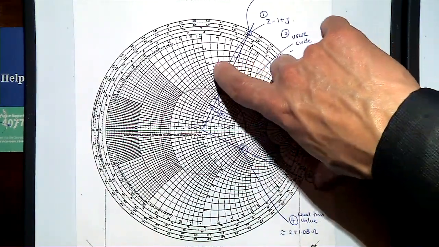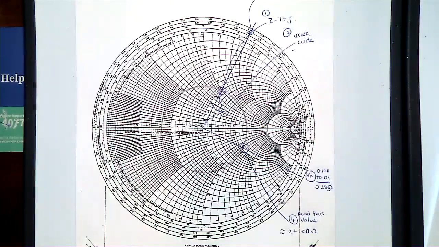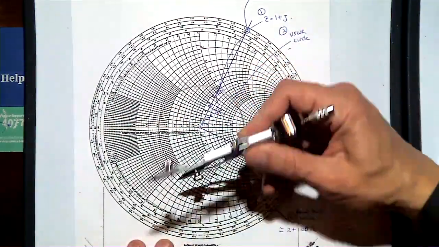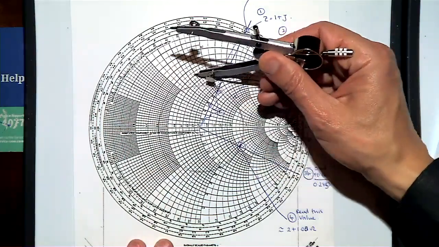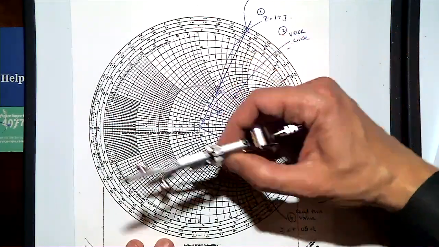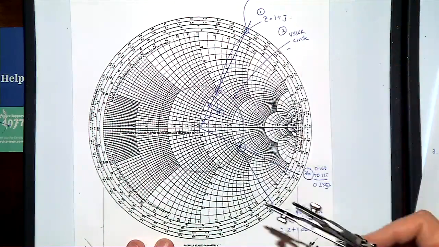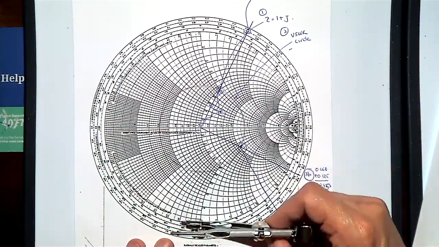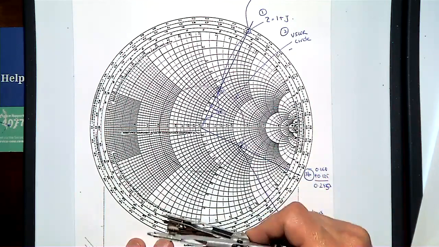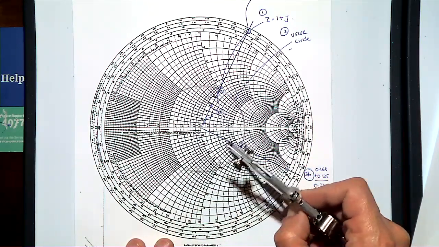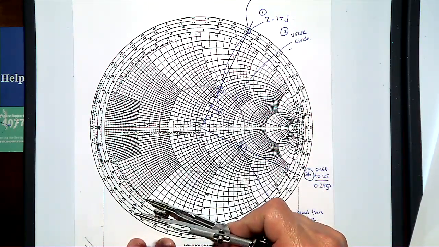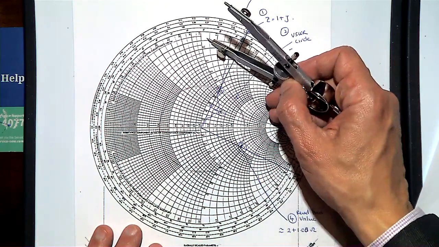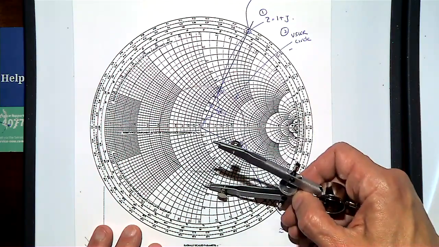These are lines of constant resistance. And these circles across here are circles of constant either reactance or susceptance, where positive is inductance and negative is capacitance.